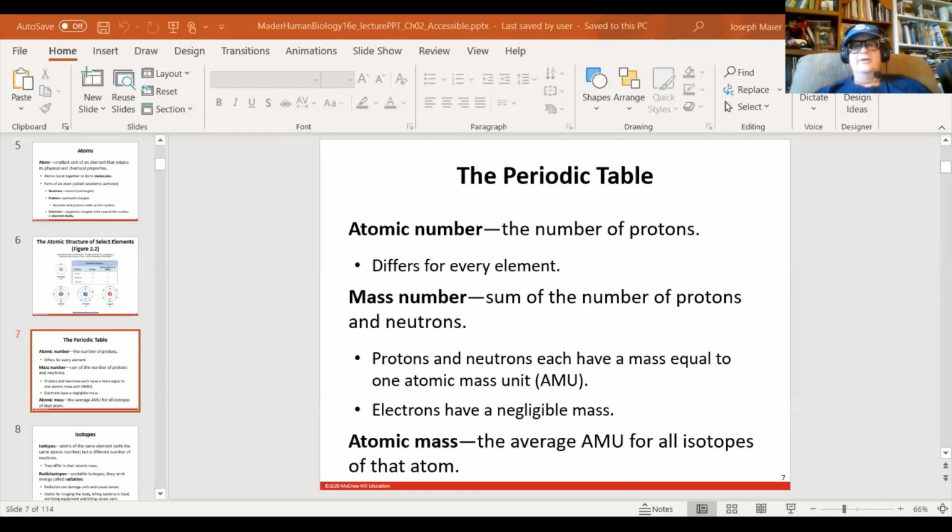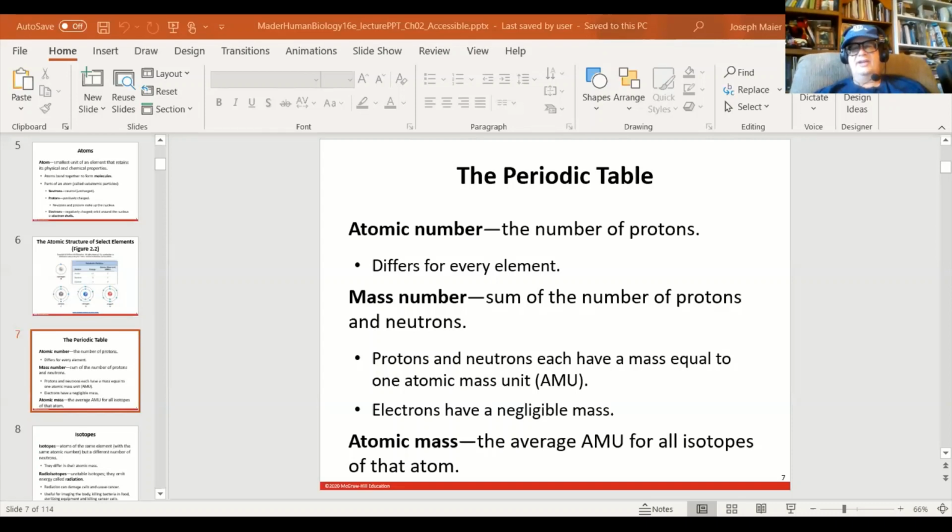So if iron has an atomic mass of 55.845, what that tells you is that most of the time, iron has 56. But there are other possible numbers, and those numbers are because some atoms have more neutrons, some have less.